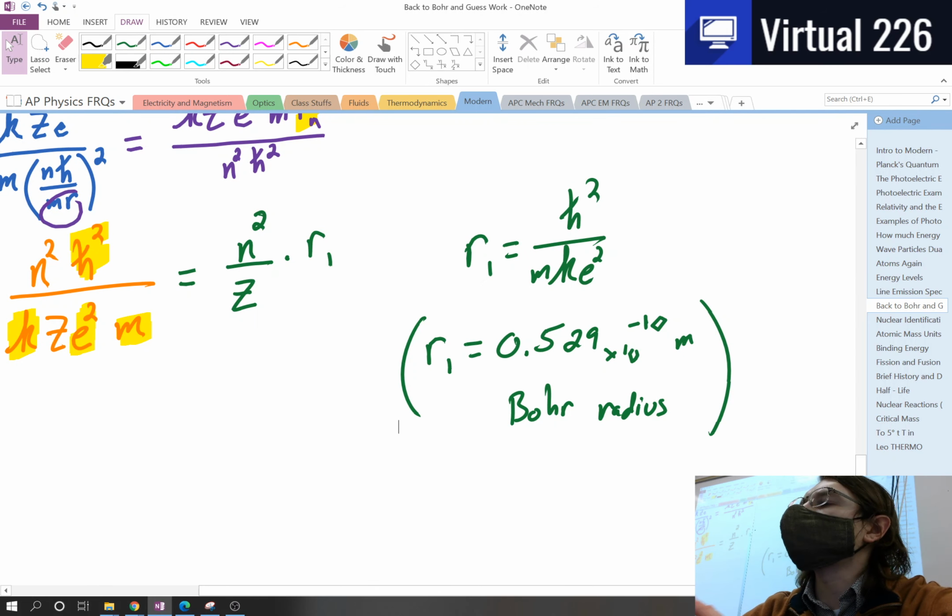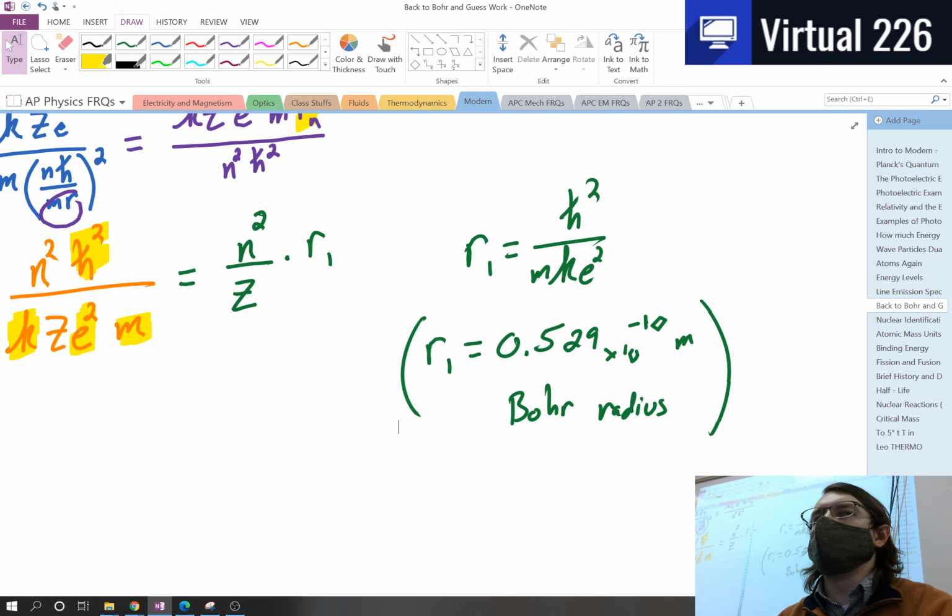This is the radius that an electron will orbit at the lowest principal quantum number. So it's like the lowest radius of an electron's orbit, which isn't really a thing, but it's how we think of it. And that is simply setting n equal to 1. 1 squared is 1, so we just get R1 over Z.